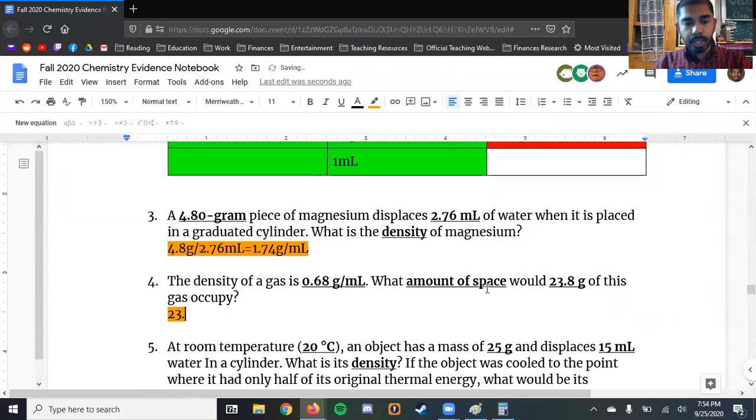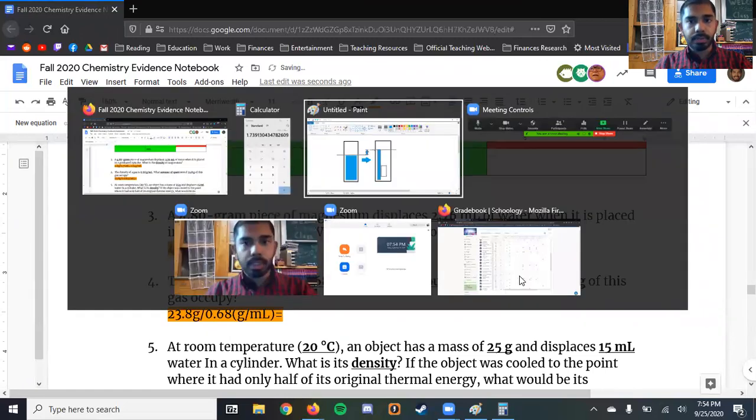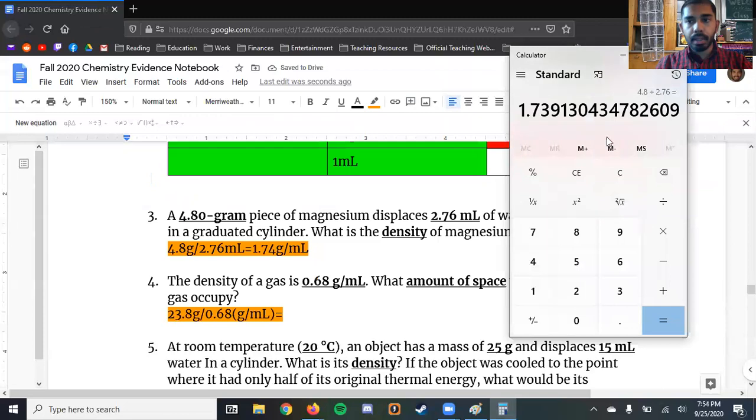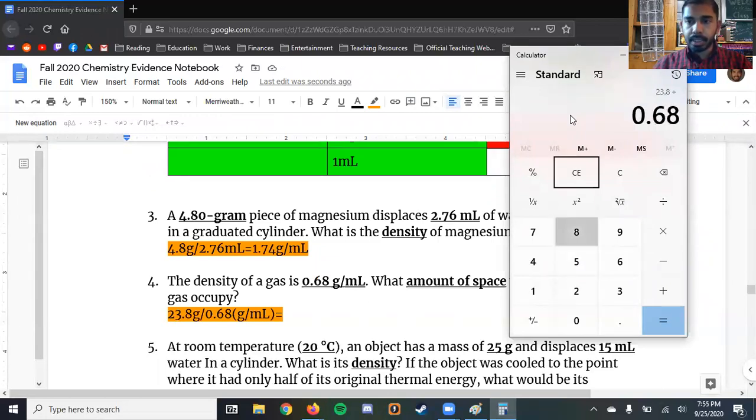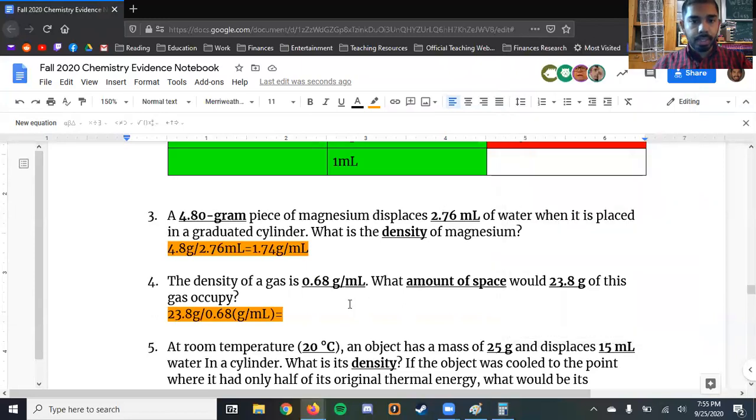So 23.8 grams divided by 0.68 grams per milliliter is going to equal something. Figure out what that something is by going to our calculator. 23.8 divided by 0.68. That's 35 milliliters of space.